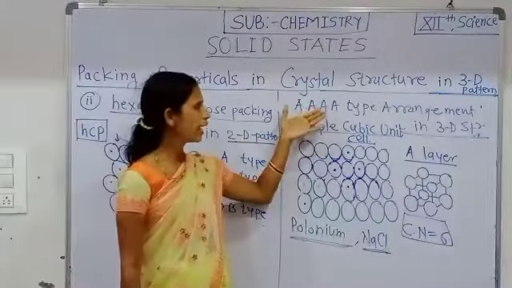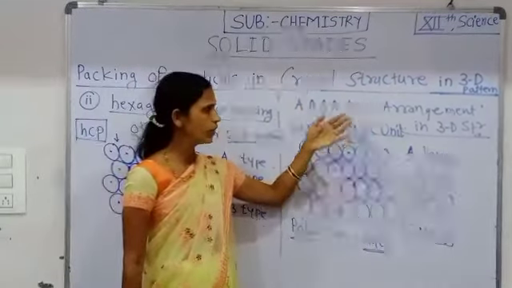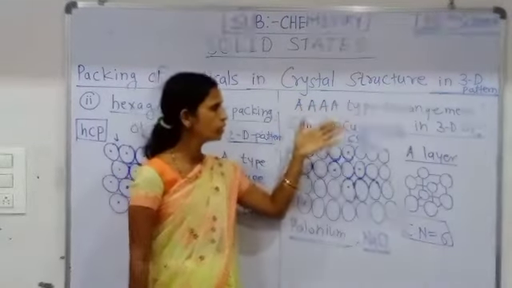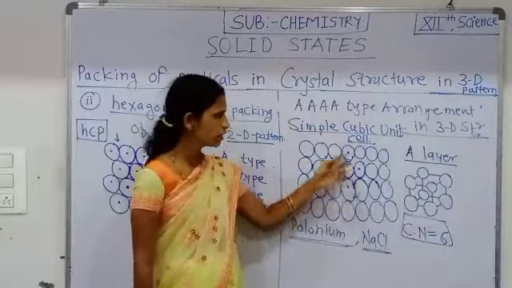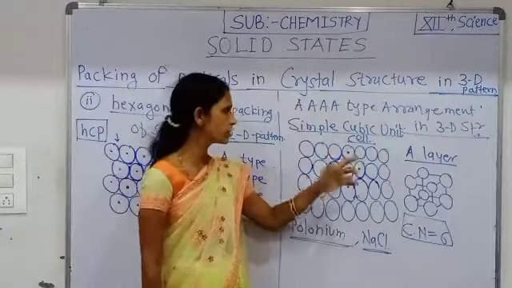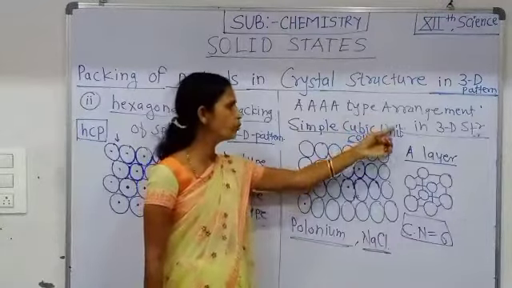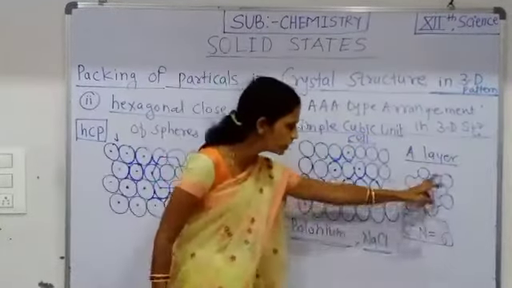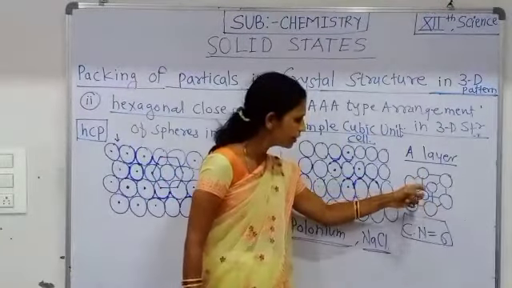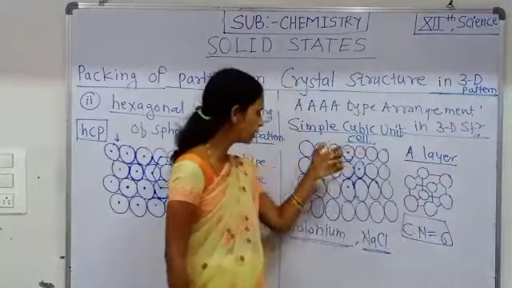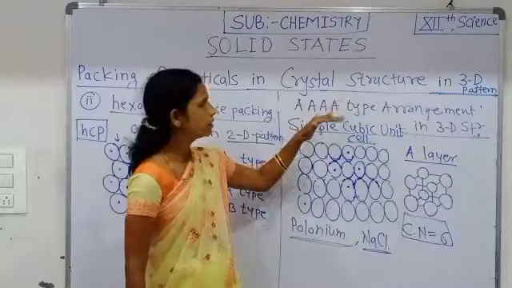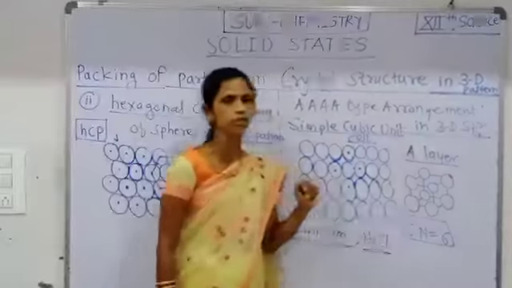Then see here, in AAA type of arrangement of those layers in 3D structure, which results in the formation of simple cubic unit cell, which is like this. See here, that type of unit cell formation takes place in the 3D structure formation.